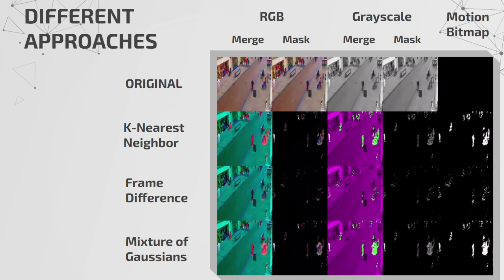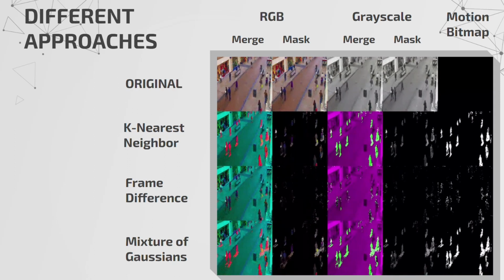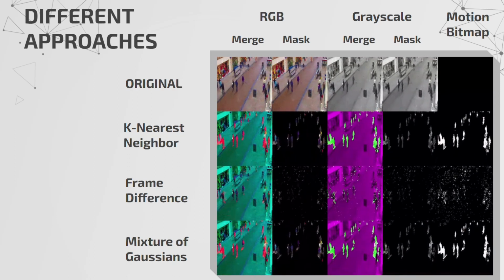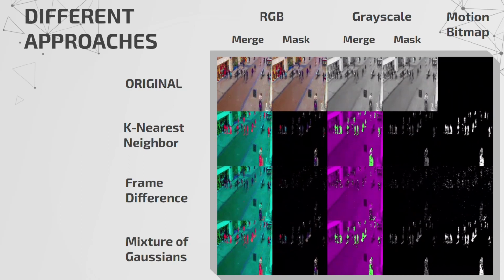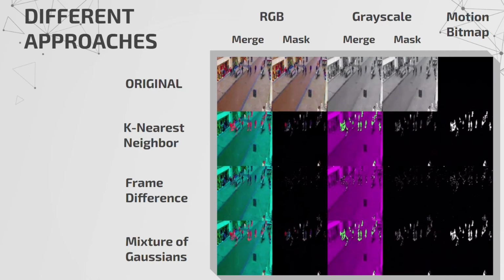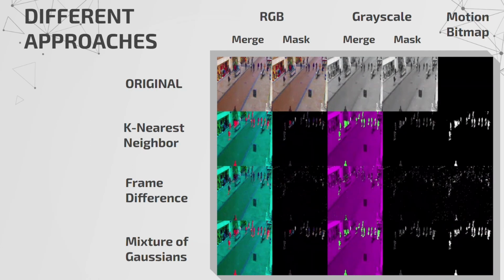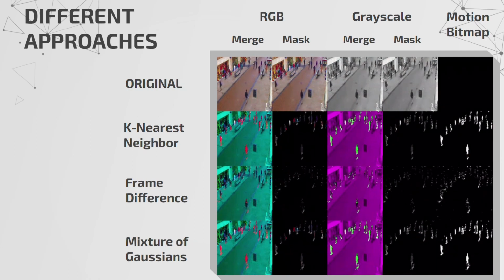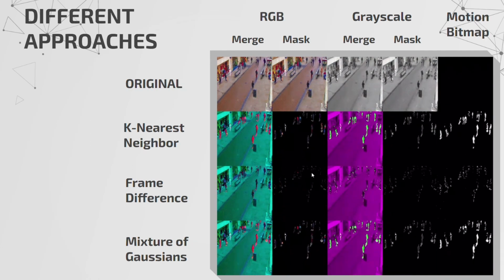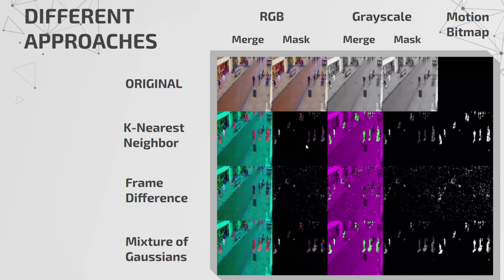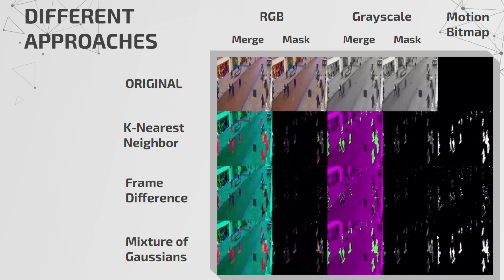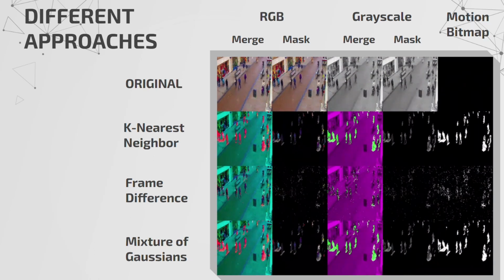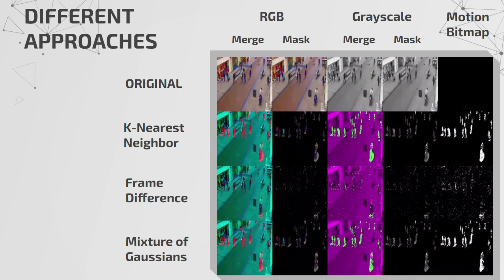This gives us an output that is composed of the same number of channels as the original image, so 3 for RGB data and 1 for grayscale data. And the output is all 0 except where motion is detected. We also use only the generated motion bitmaps in order to train these networks, in order to see if even this input type is sufficient.